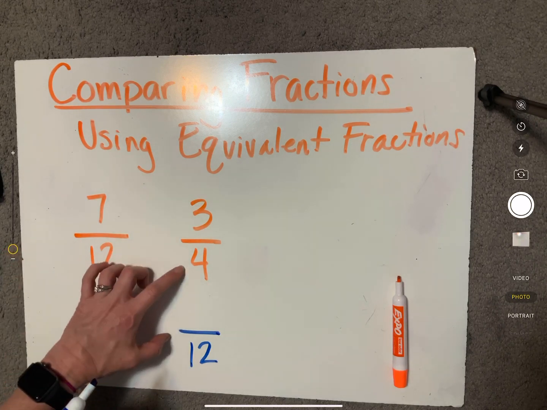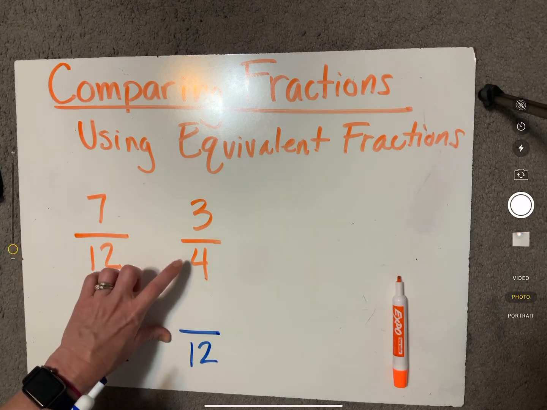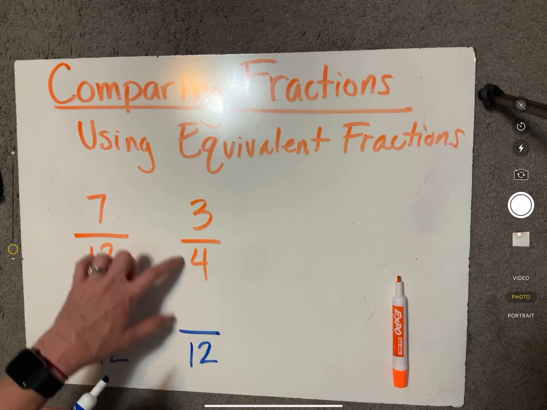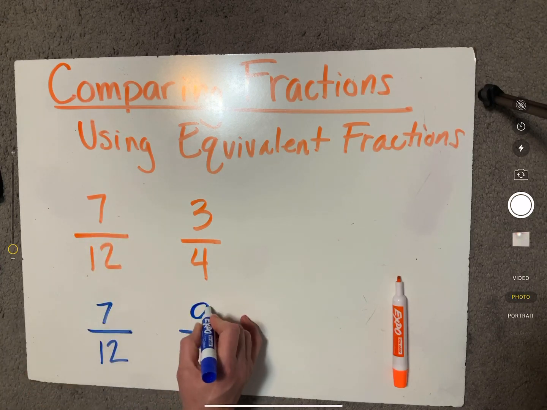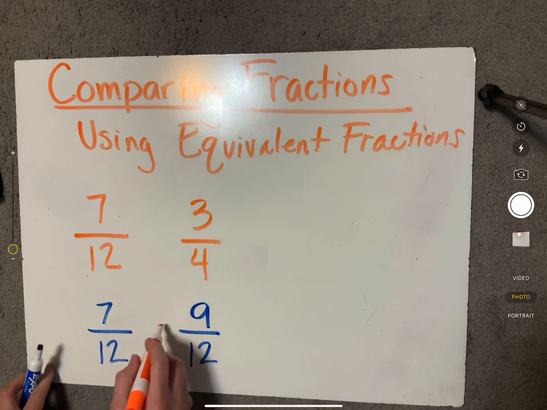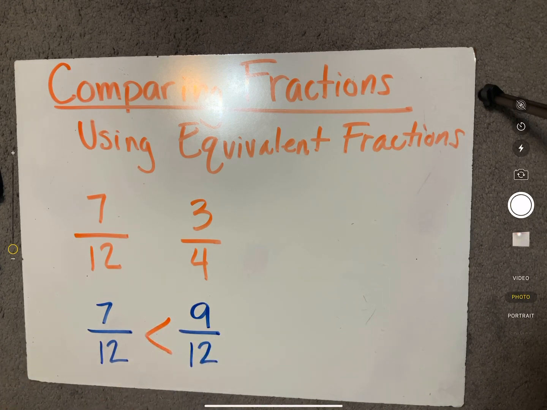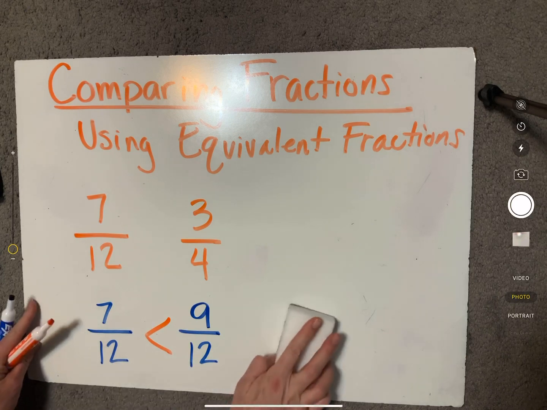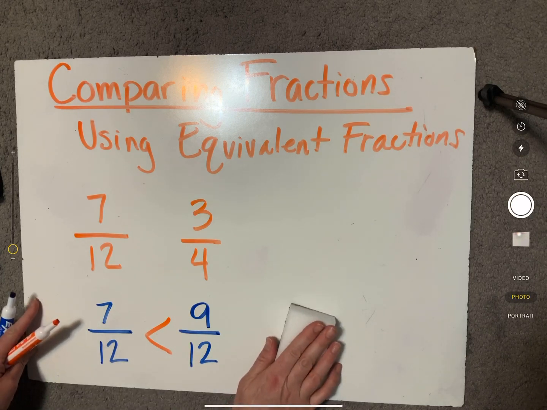With 3/4, if 4 times 3 is 12, then 3 times 3 would be 9. Now, because I've made equivalent fractions, I have the same denominator. So now I can say, okay, 9/12 is larger than 7/12. Okay? So that's one way that we can get our equivalent fractions.